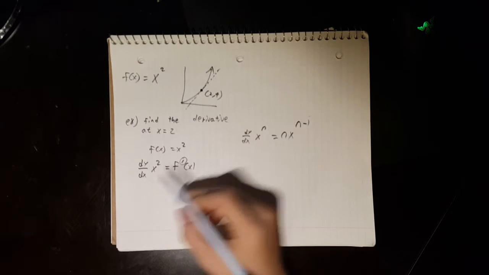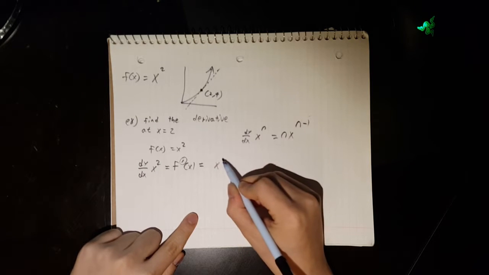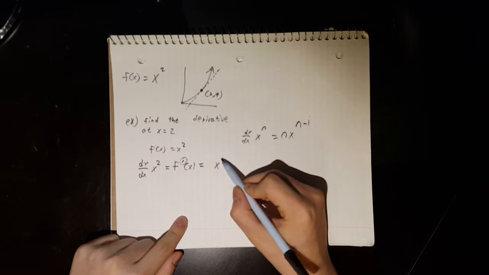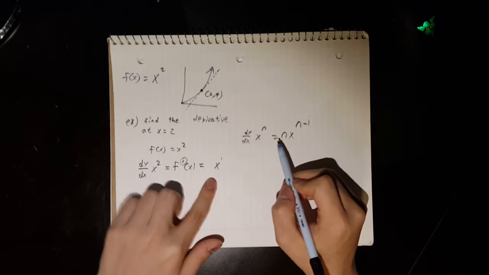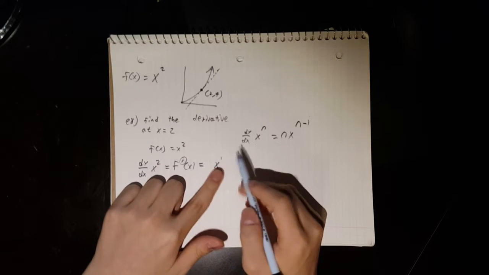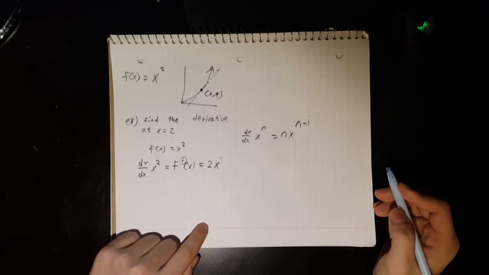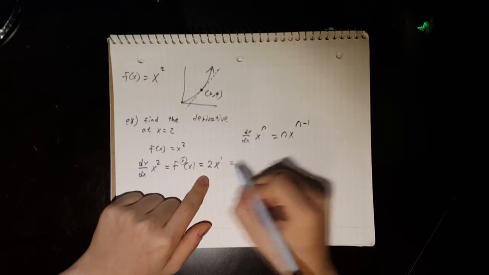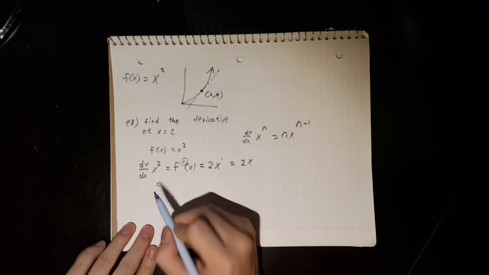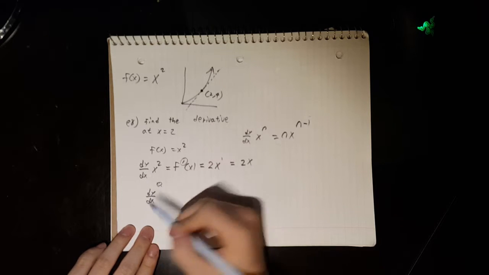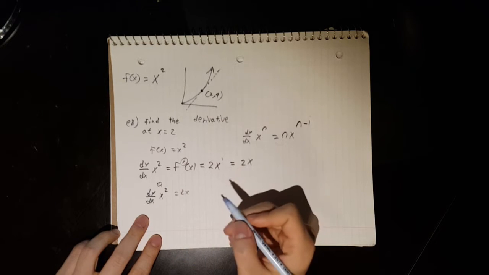So we subtract 1 from the 2, so it's going to be x to the 1 power. We don't have to write the 1, but I'll write it. Then we multiply by the original power, and we end up with 2x. So the derivative of the function x squared is 2x.